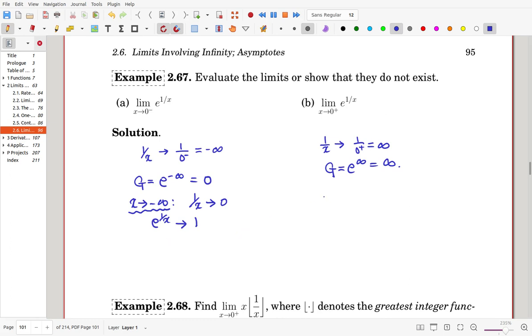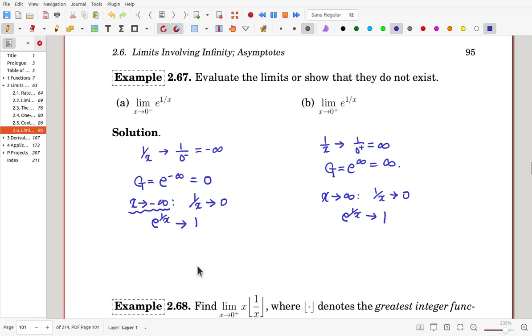Now, if x is approaching infinity, then again 1 over x is approaching 0, so e to the 1 over x is approaching 1.